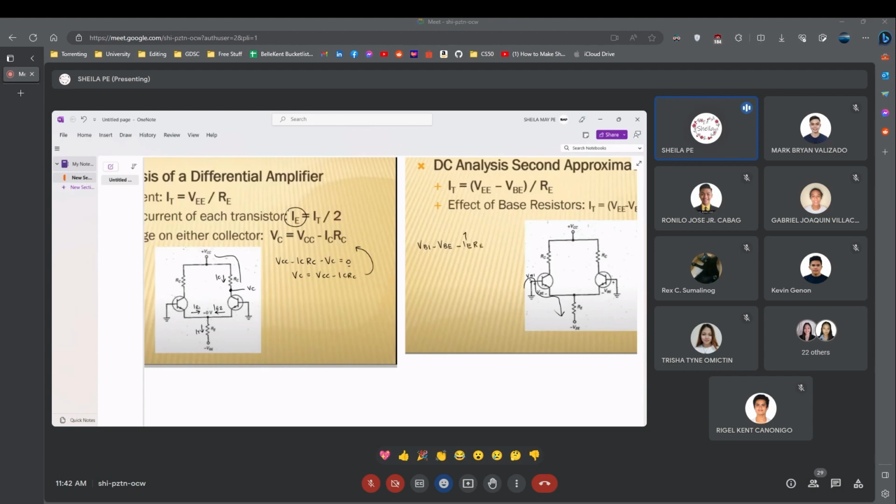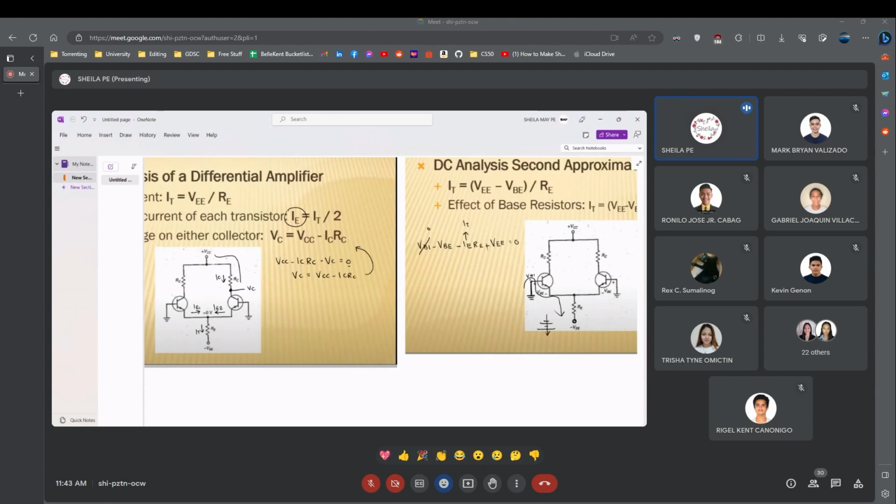But ang IE diri is IT, based sa discussion ni Engineer Kath. Minus, or that's plus, because kani siya is naka-circle. If I do that on an ideal symbol, igawa siya sa positive. So that's positive VEE equal to 0. So VB1 is just directly connected to the ground in this diagram, so as is na siya nga 0.